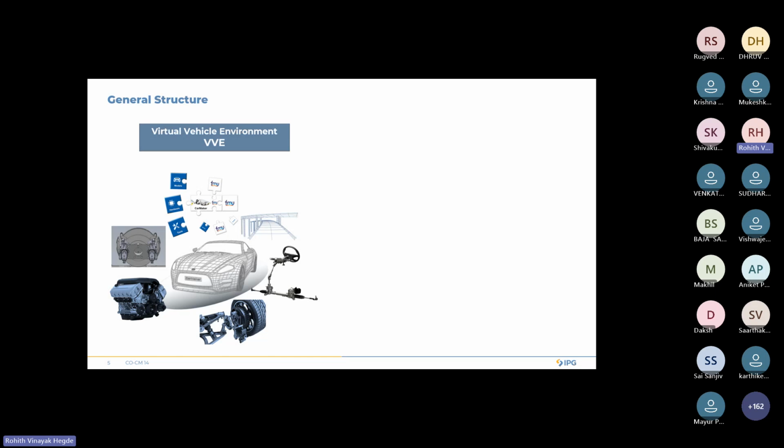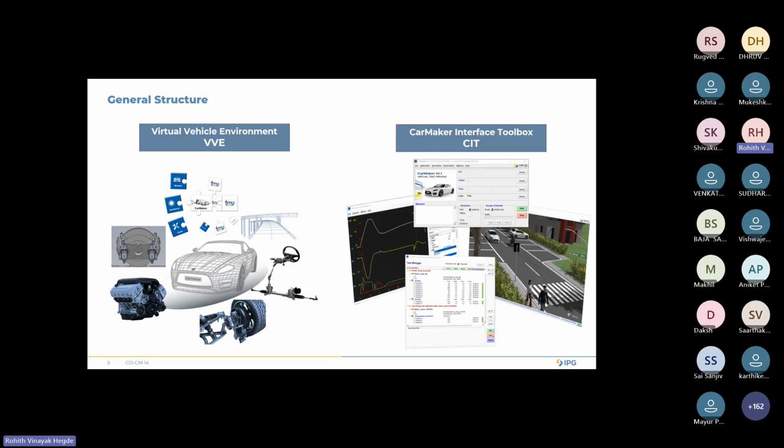Let us go with the second part, called the CarMaker interface toolbox. Now we have seen what the virtual vehicle environment is. To use all these things, we need a toolbox which will hold all of them, so you can use the CarMaker interface toolbox.